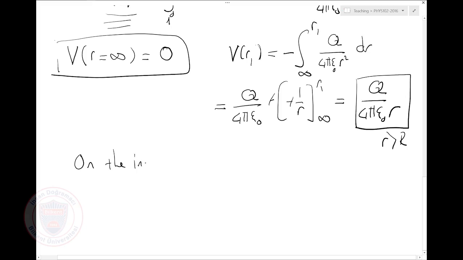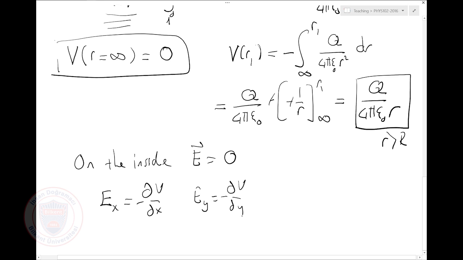Right, but how about on the inside? On the inside, electric field is 0. And what was electric field? If I actually write this in terms of components, the components of the electric field were partial derivatives of the potential.